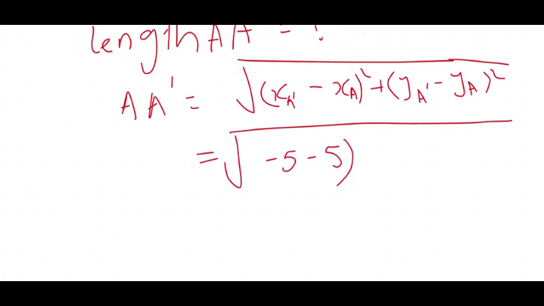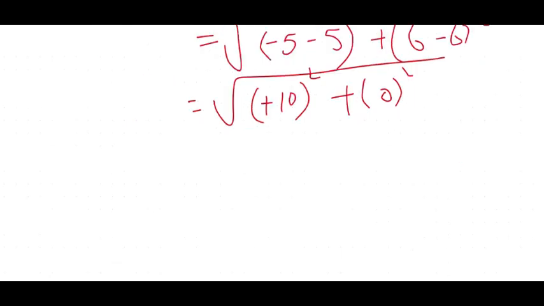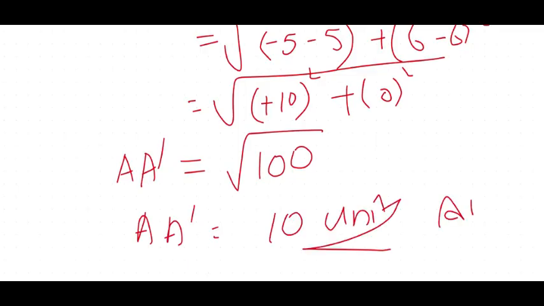So it becomes 10 square plus 0 square, taking the whole square. So we get AA prime equals square root of 100. So we say that A and A prime is 10 units. This is the required answer. We have calculated the distance of A and A prime.